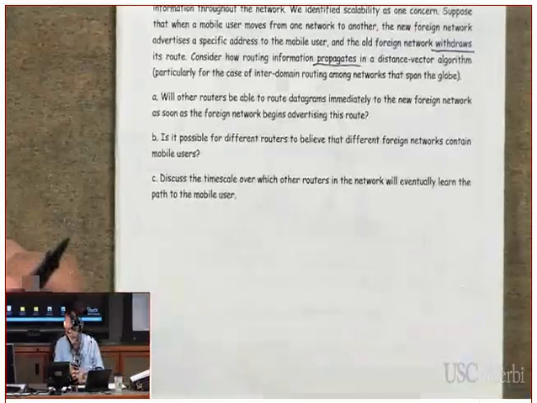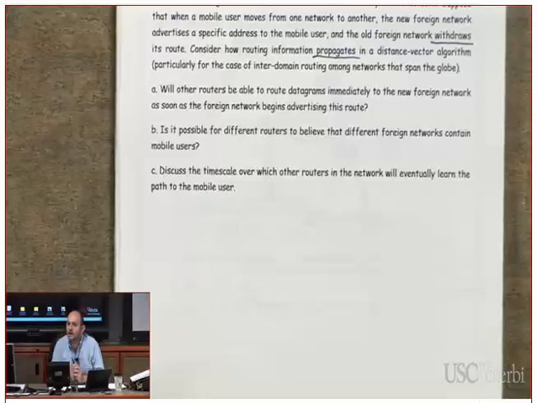Okay, that's a scenario where this can happen, but of course it's going to last for a very small amount of time. Many bad things can happen during mobility, of course.